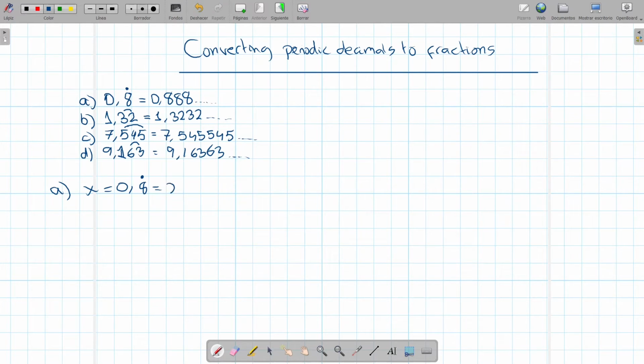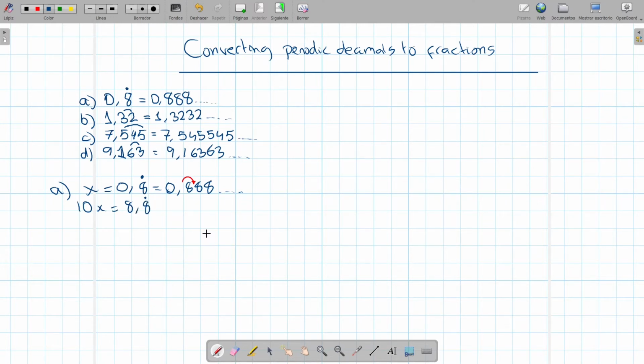So for example, this is 0.88888. We need to multiply by 10, so we get one sequence of the series to the left of the decimal symbol. So obviously we multiply by 10, and then we have 8.8 periodic.